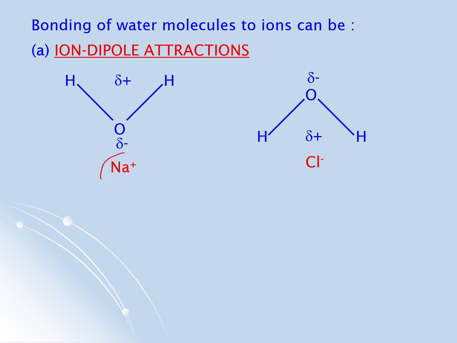The sodium is an ion, and the chloride is of course also an ion. Water is a polar molecule with a delta positive end and a delta negative end. And if you were asked to draw a diagram, this would be the sort of diagram you would draw to illustrate the relationship between the metal ion and the non-metal ion and water. The delta negative section of the water, as you would expect, is attracted towards the positive ion and vice versa.